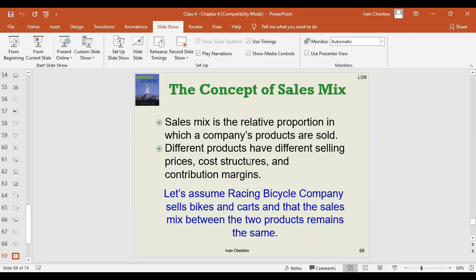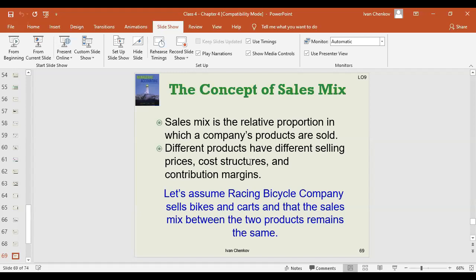So, sales mix is the relative proportion in which a company's products are sold. My total sales are 100%, correct? Always. I'm selling two products, and the proportion is 2 to 3.